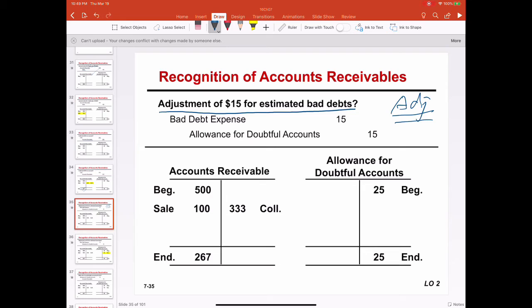And there's no external transaction for this journal entry. It is based on the estimate of accountants or the managers. Why do we do this? Because the nature of accounts receivable is an asset with the risk of default.